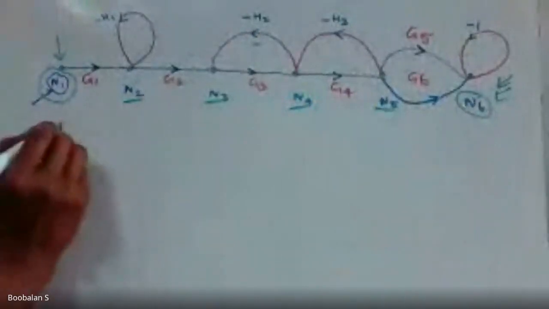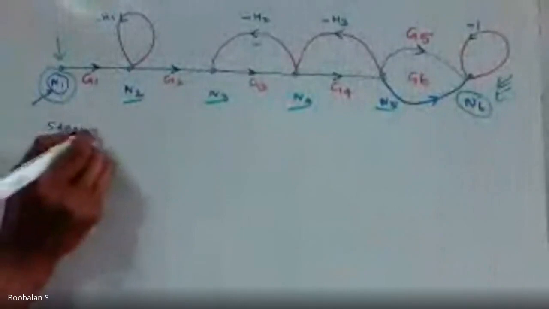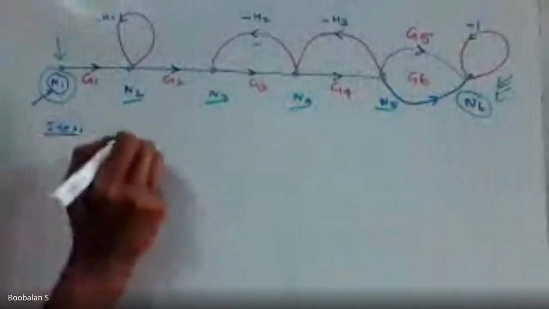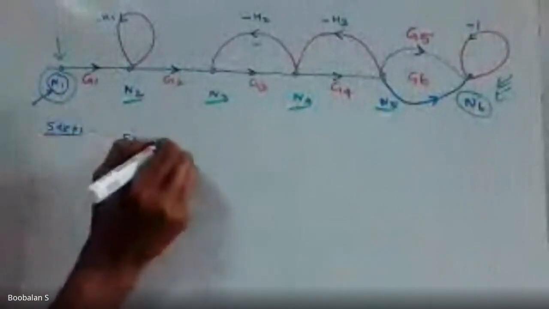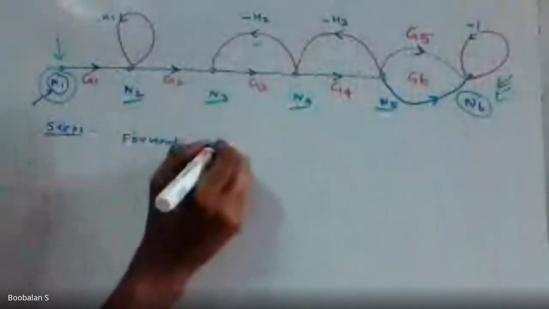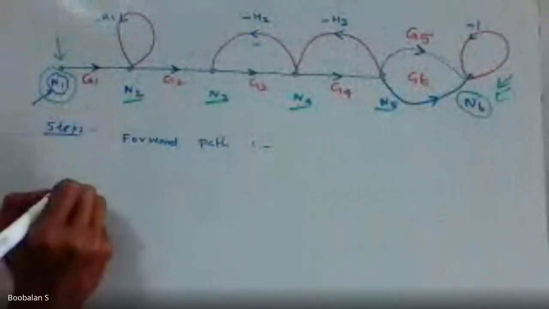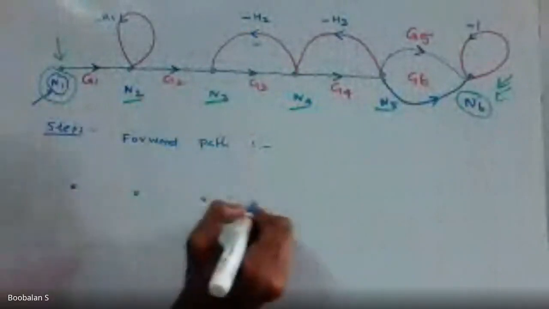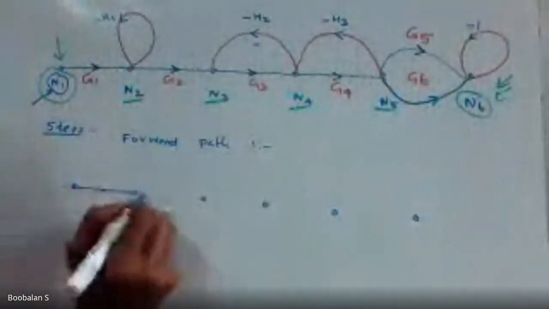Step 1 is finished, now step 2. For forward path 1, we need to draw an individual diagram: n1, n2, n3, n4, n5, n6. Just draw the forward path alone.